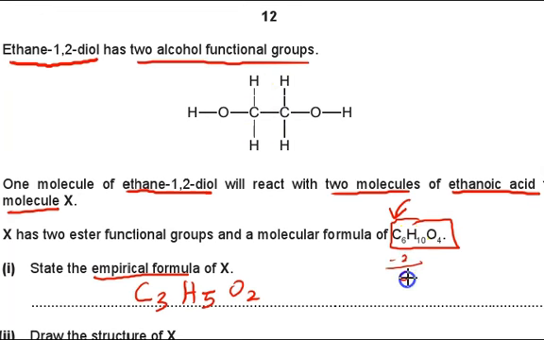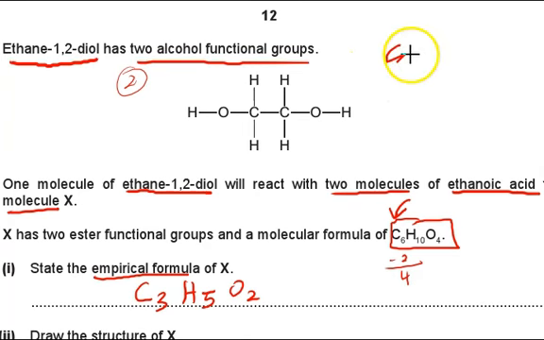Minus out the 2, so we have another 4 C in total, which is 2 from this side and 2 from that side. Okay, so let me draw the carboxylic compound here. For example, here we have this.